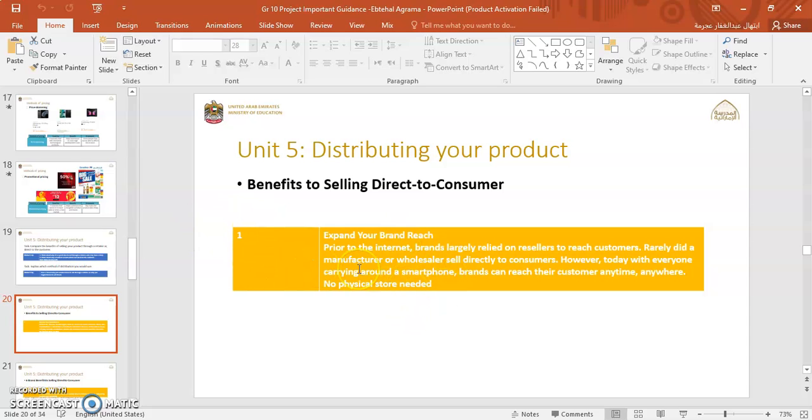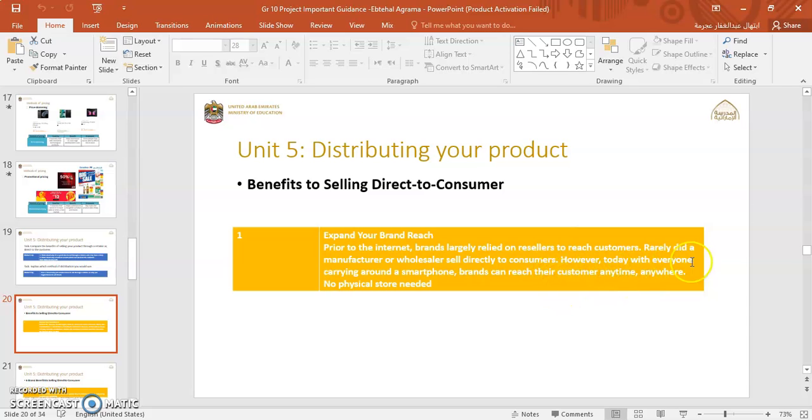answers can be, one of the benefits is that expand your brand reach. Prior to the internet, brands largely relied on resellers to reach customers. Rarely did a manufacturer or wholesaler sell directly to consumers.